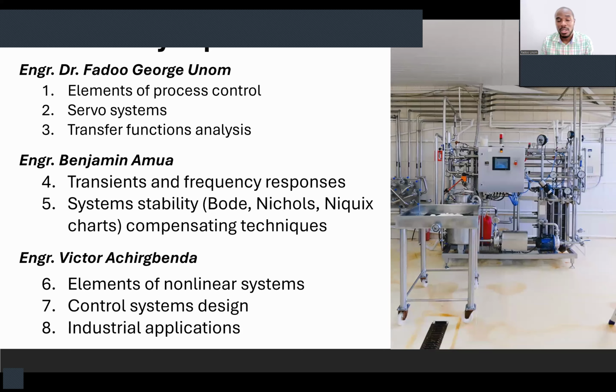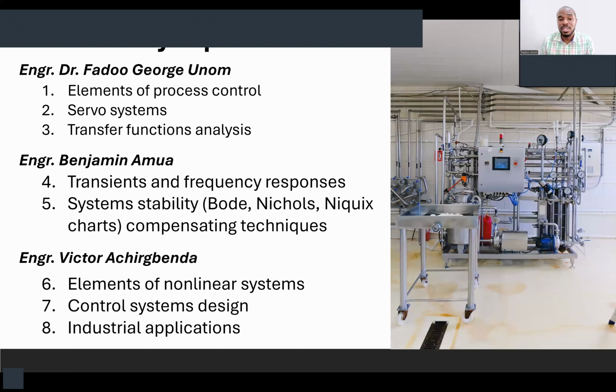And the three of us, I'll certainly take the basic elements of process control and control systems. We'll look at servo systems, and then we'll look at transfer functions analysis. These are the foundations to control engineering and automation.